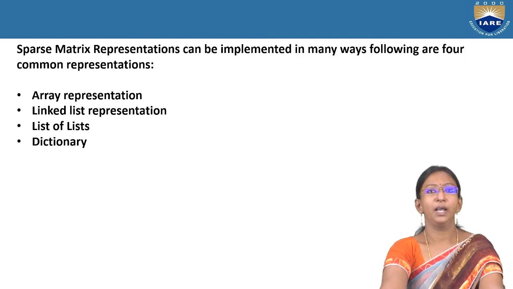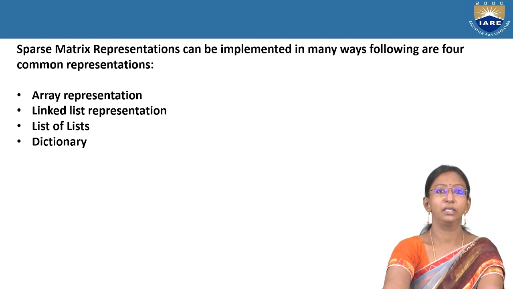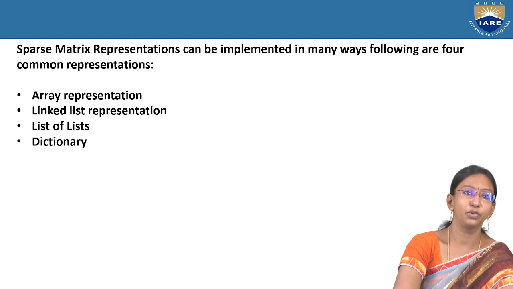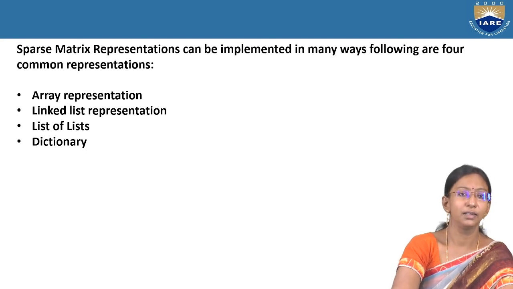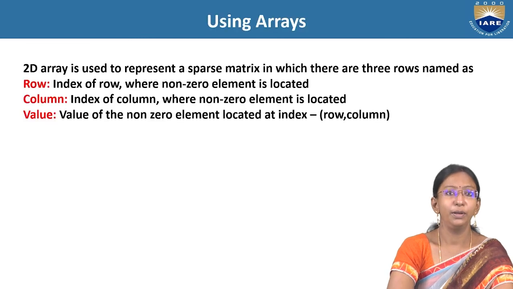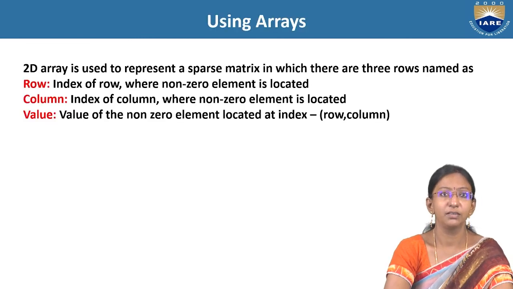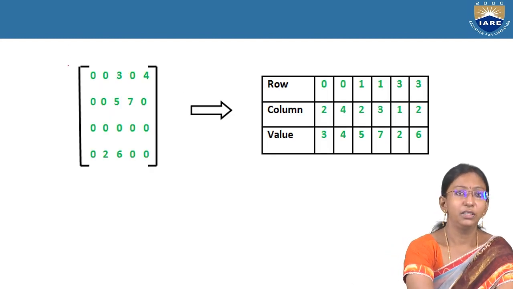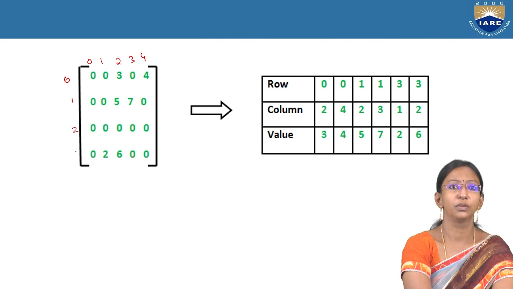Okay. And we have 4 different ways to represent any sparse matrix. We can do it using arrays, linked list, list of lists, and dictionaries. When we try to implement it with arrays, we have three parts: row, column, and value, as I said. Have a look at this one. So the index values of this matrix will be like this: 0, 1, 2, 3.